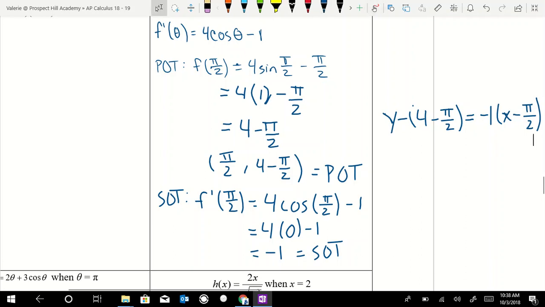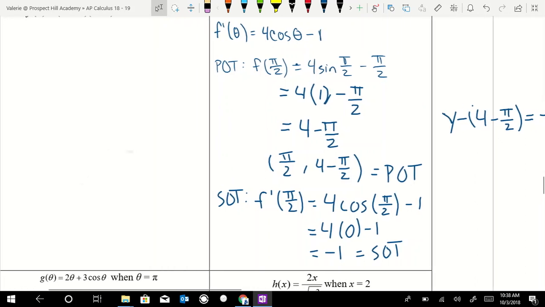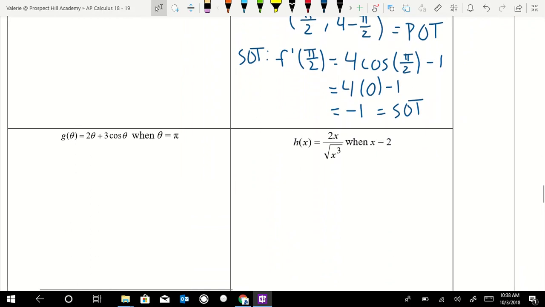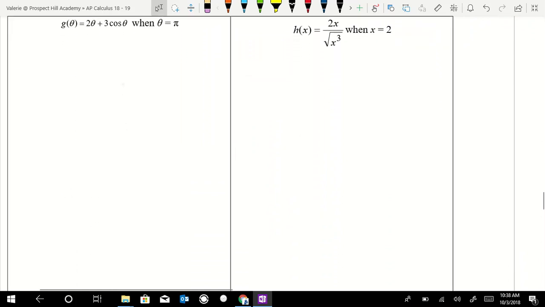All right. And then we'll do h of x. So our h of x is 2x over square root of x cubed when x equals 2.